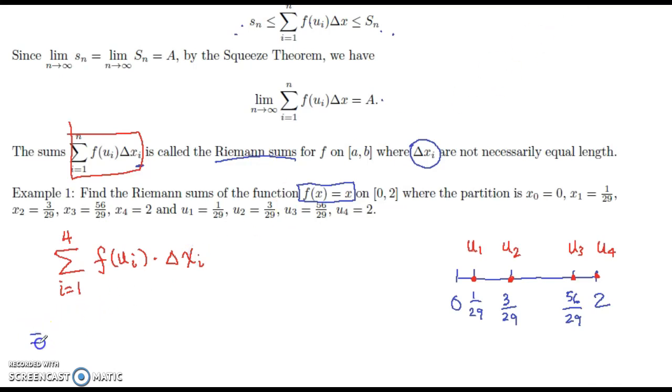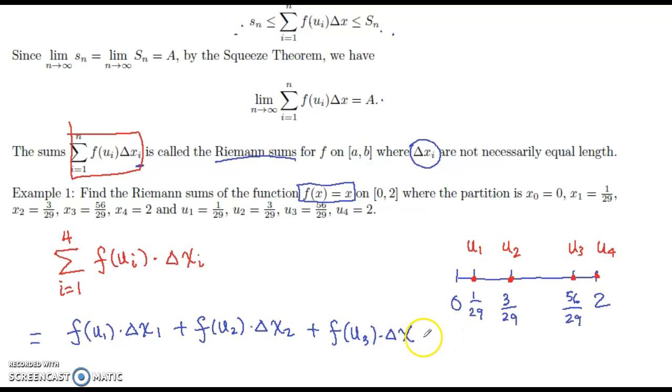When i equals 1, that is f of u1 times delta x1, plus f of u2 times delta x2. Write it out so you don't get confused, all the way up to f of u4 times delta x4.